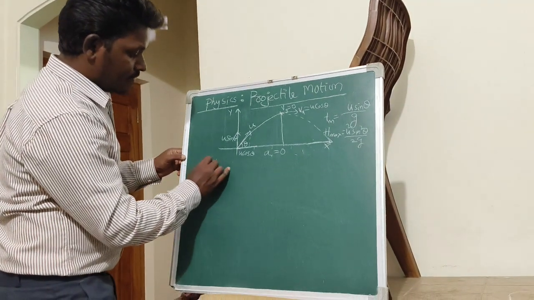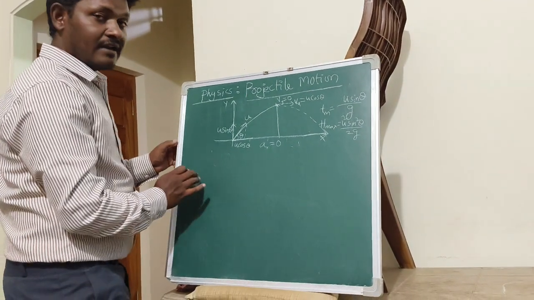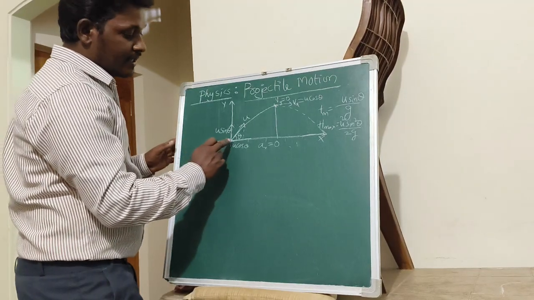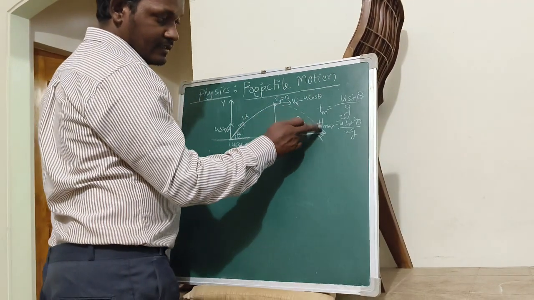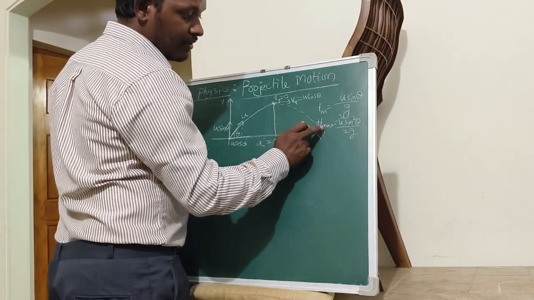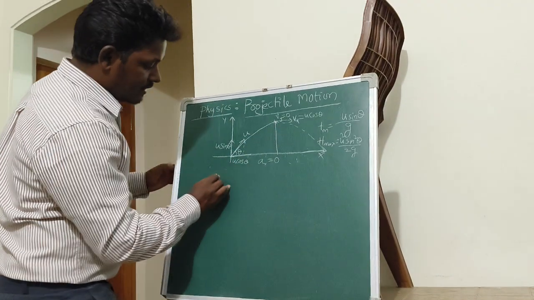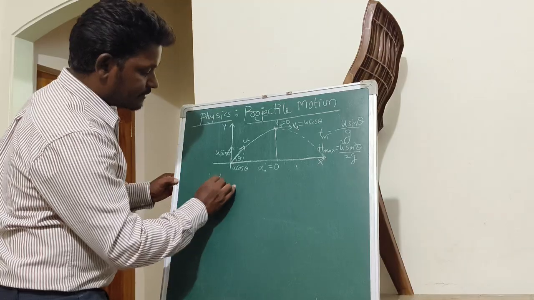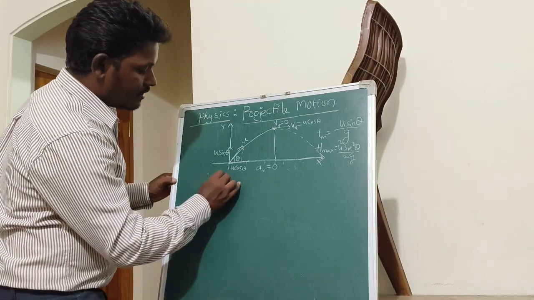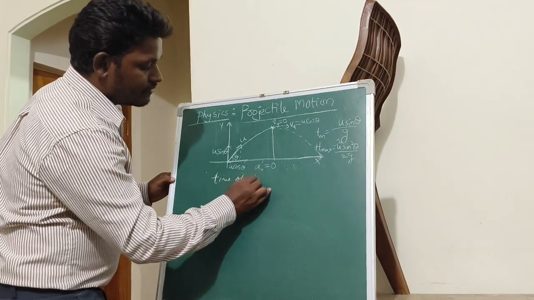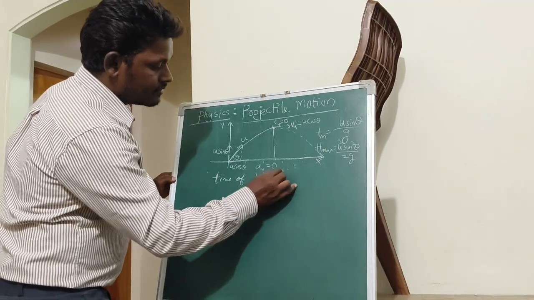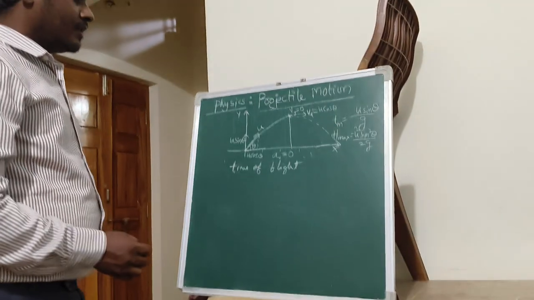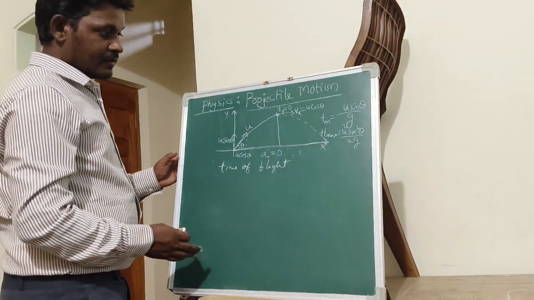Usually we call it the time of flight. That means the time it is in the air, so this is the total flight time. That is why now we are deriving the equation for time of flight. Right, time of flight. So we know that.